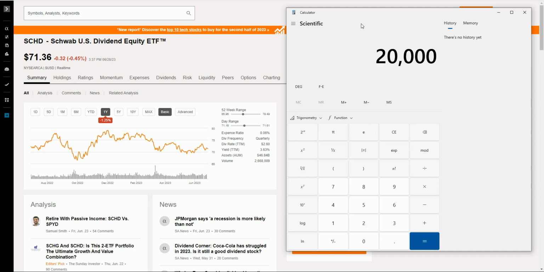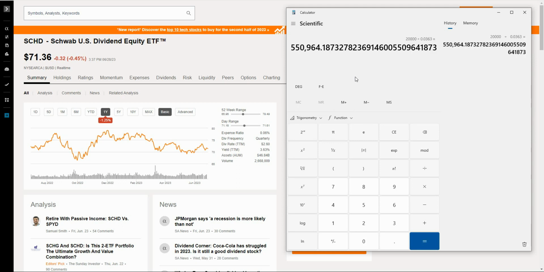So again, I'm going to put my dividend goal in and then just divide that by the average yield as a percent. So if I wanted my $20,000 a year goal, I would need to invest about $551,000 into the fund SCHD, which is, again, really common.